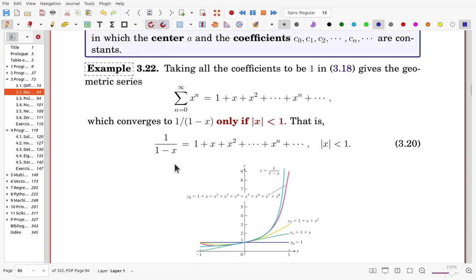You can check it quite easily by multiplying these terms.